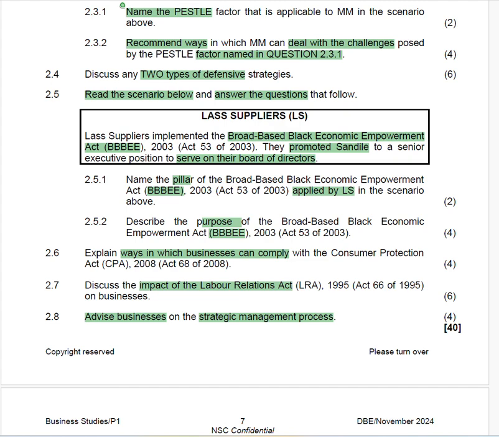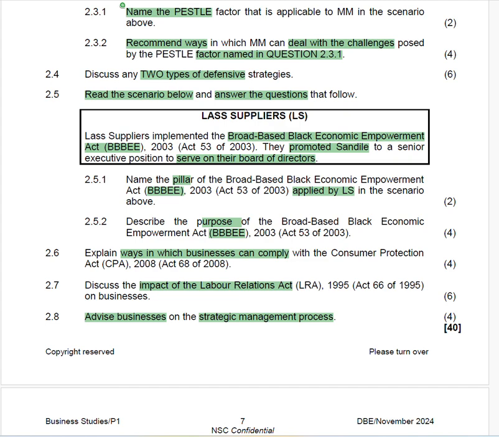Then we're going to look at the last one, which is 2.8. 2.8 says advise businesses on the strategic management process. As I've already said, we need to understand what the strategic management process is before we can advise business on the process.